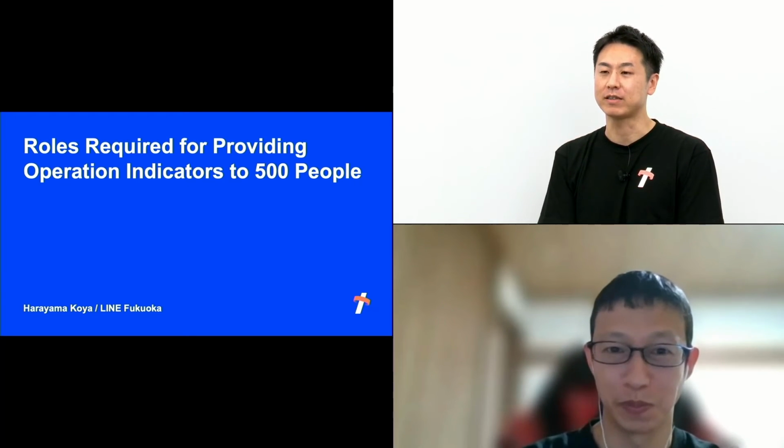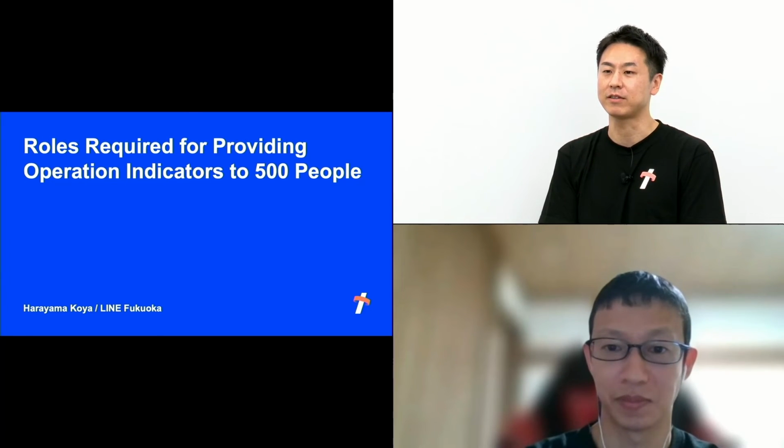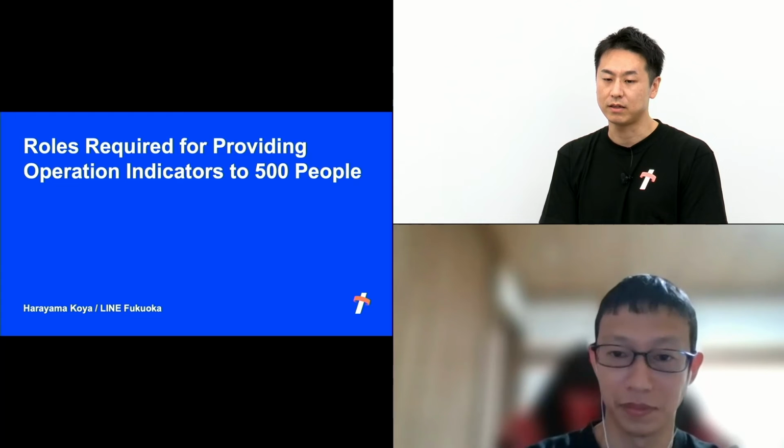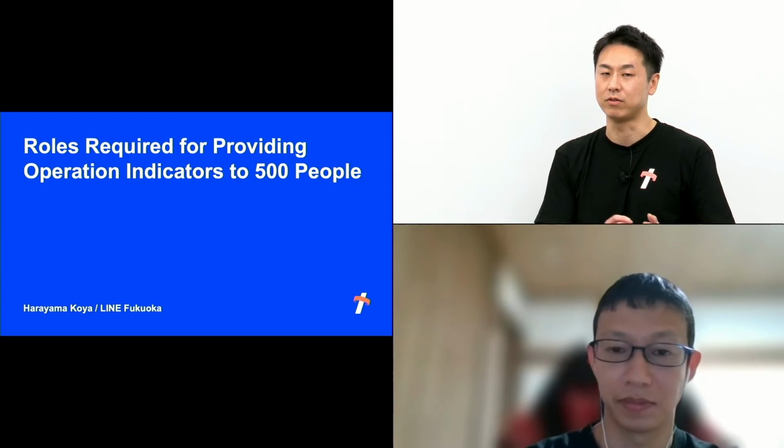But as you said, if we are too defensive and too conservative, we won't be able to make progress. But if you're going to start up the data governance team, we have to think about how to securely utilize the data. So we must have the offensive aspect of the team.